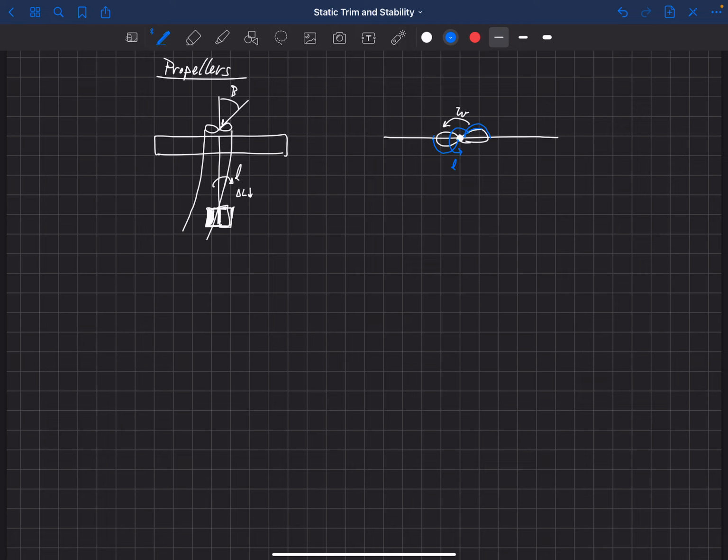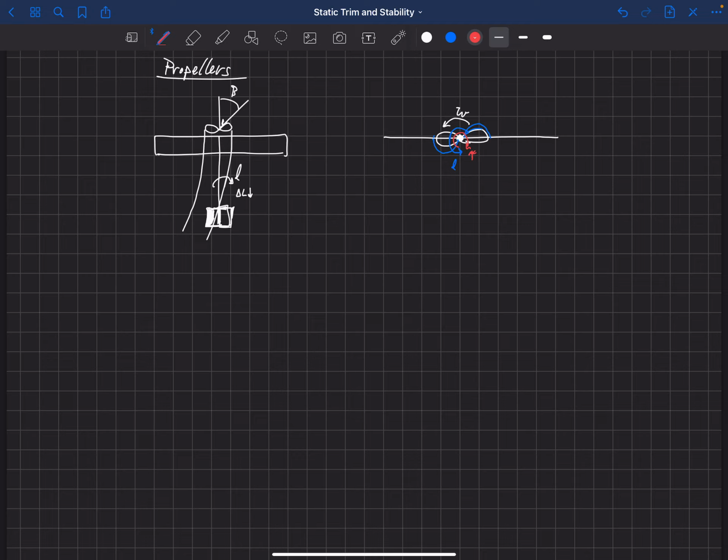But one other moment that is being created by this propeller is actually just the reaction force on the aircraft due to the torque required to turn the propeller. And that torque actually is acting in the opposite direction. So let's draw the torque in that direction. In order to rotate the propeller to the right, that creates an equal and opposite torque back on the aircraft in the opposite direction. And so that would be creating a negative rolling moment.